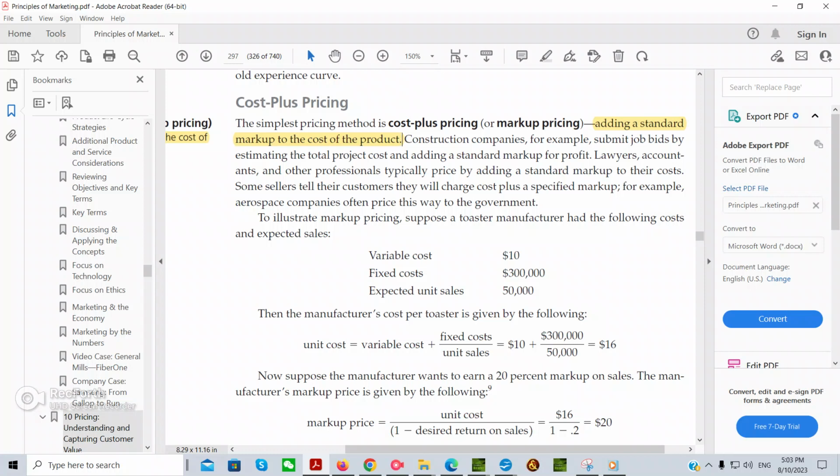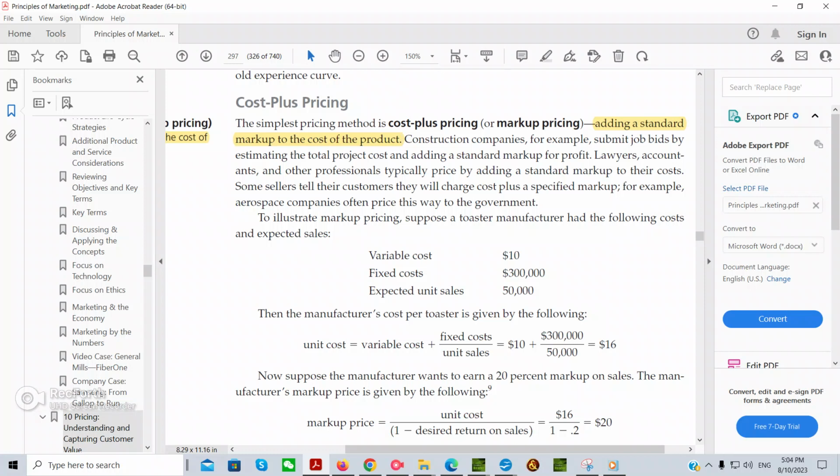Okay, so for example, this is one example, right? Manufacturer cost per toaster is given by the following. That's basically the revenue minus cost. Oh, sorry, if we're saying cost, that would be variable plus fixed divided by how many units is the price per unit.